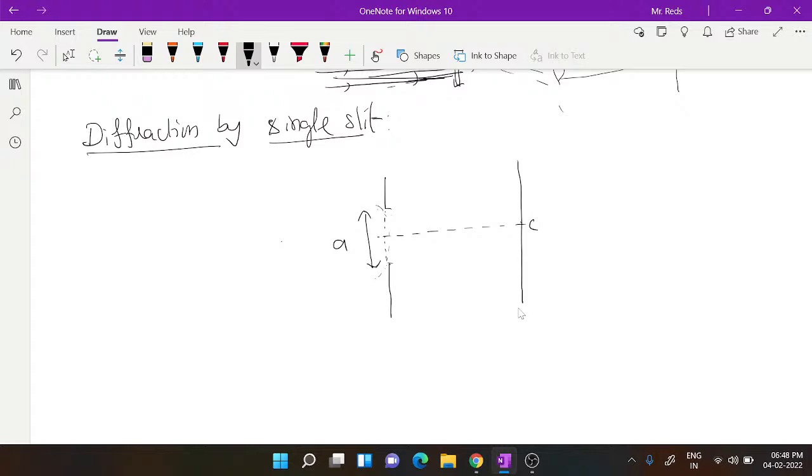But at any other point, when these light rays come and meet here, not only rays from this, from every source will come.